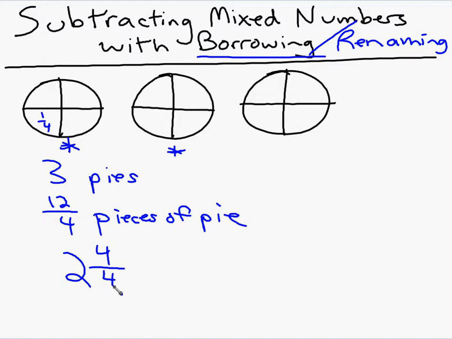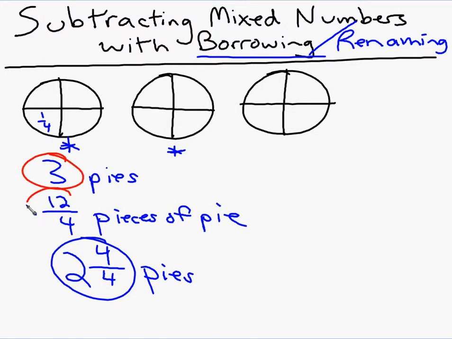Would you agree that's still saying the same thing, just in a different way? There are 2 and 4 fourths. I don't know if you'd say pieces of pie or pies, whatever you want to say. But 2 and 4 fourths is the same thing as these two.